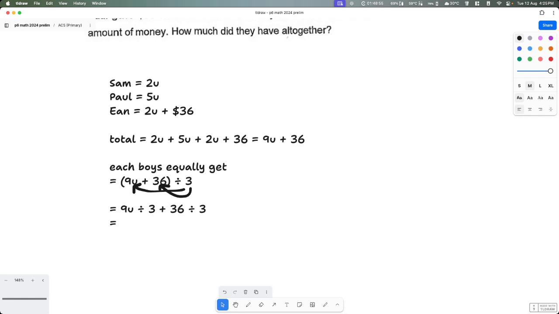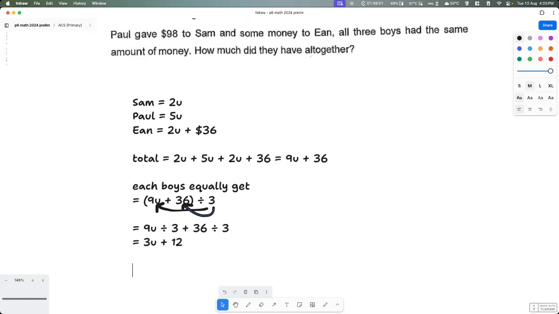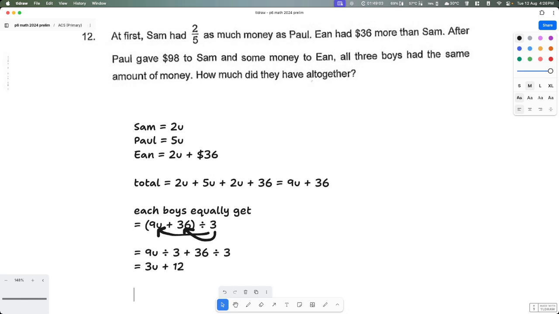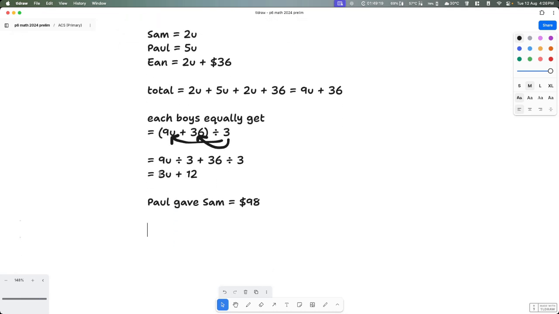Then that means this will be 3 units plus 12. Now we know that Paul gave Sam, in terms of money, $98. We also know that each boy equally got 3 units plus 12.